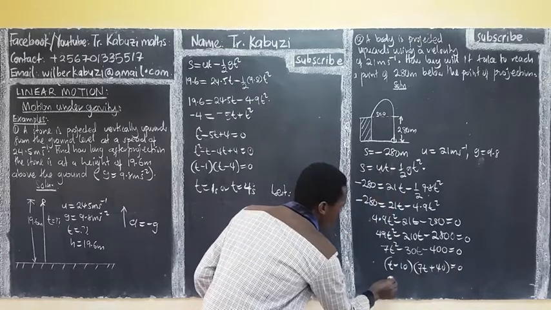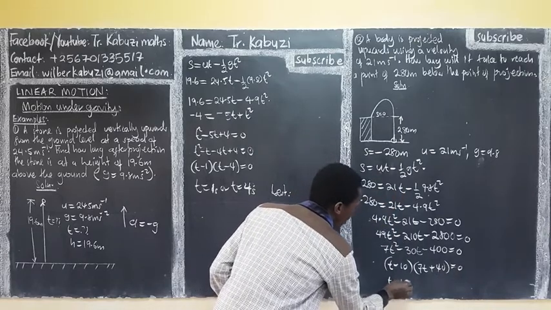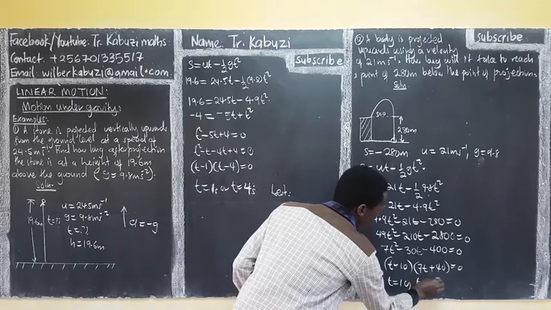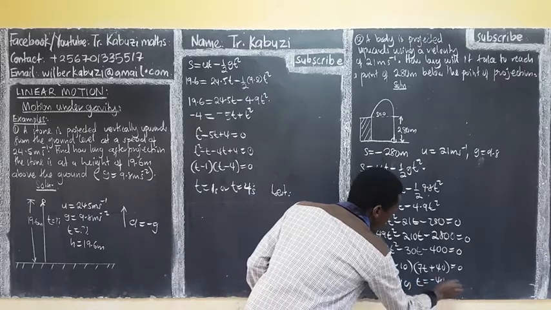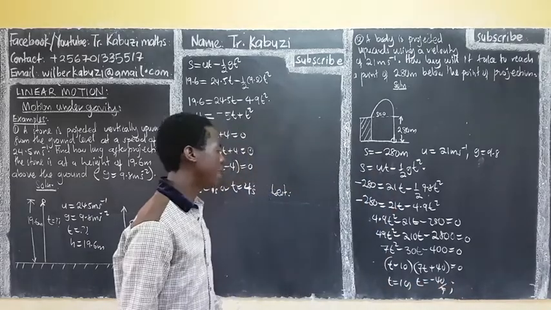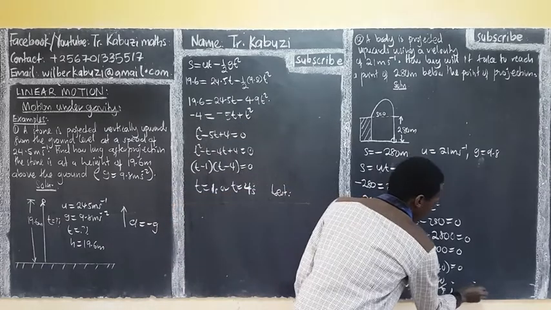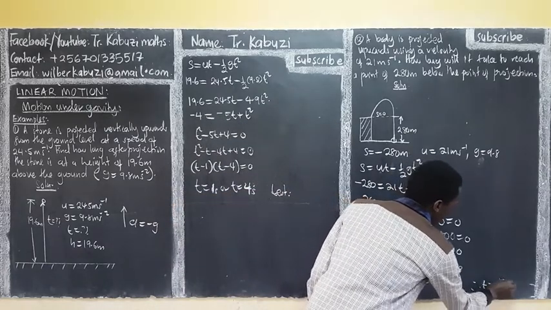So now our t here is going to be 10, or our t here is going to be negative 40 over 7. And now, therefore, our time is going to be 10 seconds.